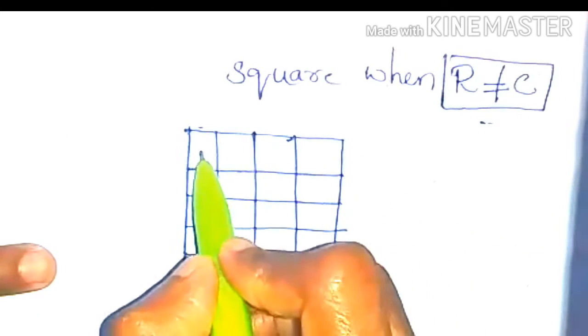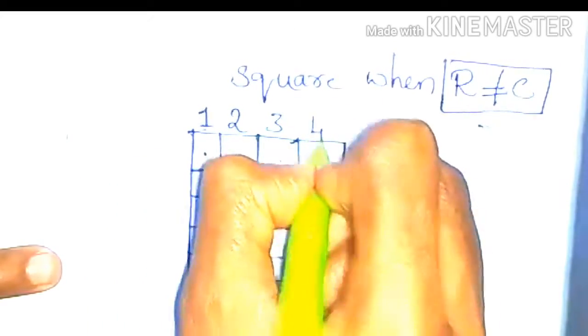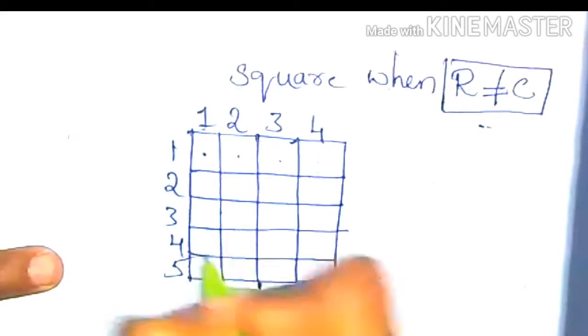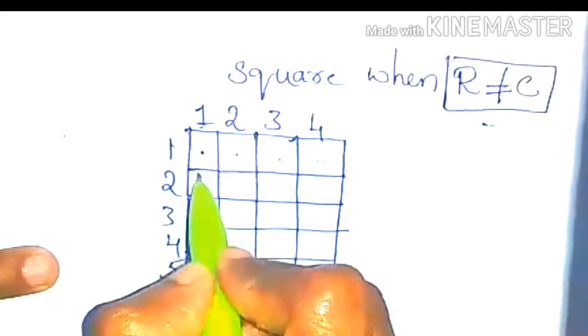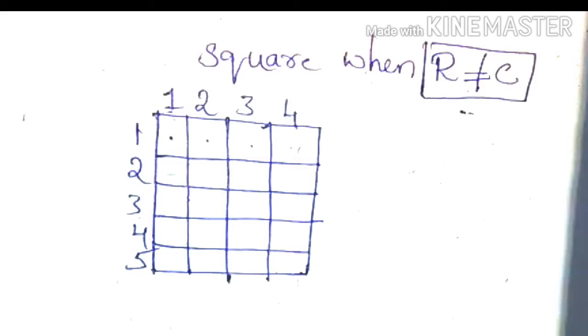Okay. Now 1, 2, 3, 4 columns. How many rows? 1, 2, 3, 4, 5. This is a figure which has 4 columns and 5 rows. Now what we have to do?